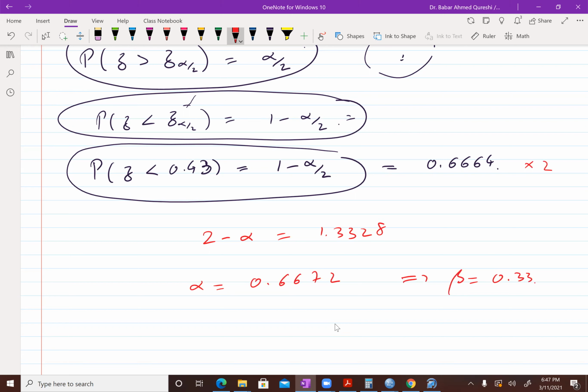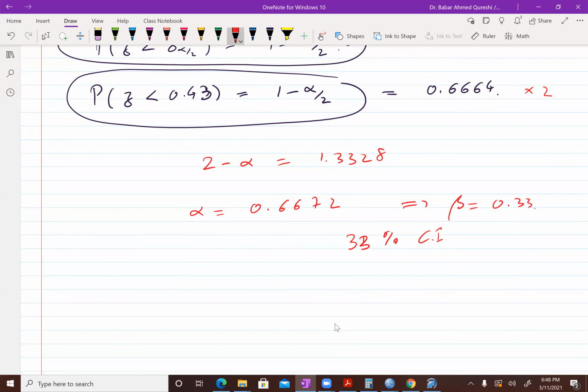So there's only a 33% confidence interval. That confidence interval which was given had only a 33% chance of containing the difference. So it was completely random. It meant nothing much. You had only a 33% chance of the difference lying anywhere over there.